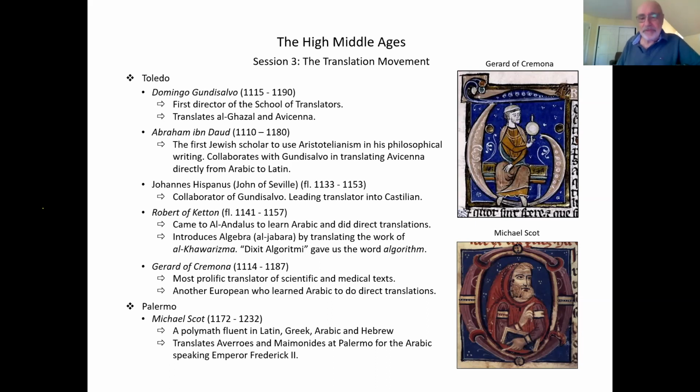The word algorithm develops as a mathematical term from Ketton's, Robert of Ketton's translation.